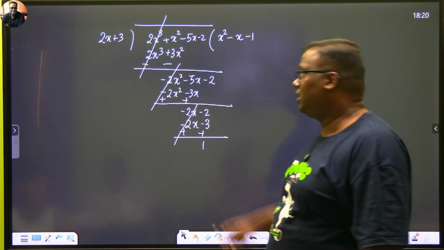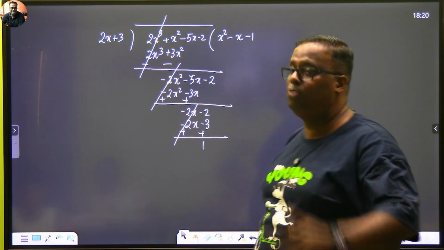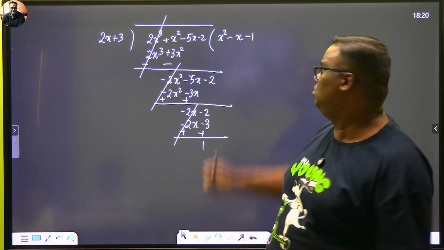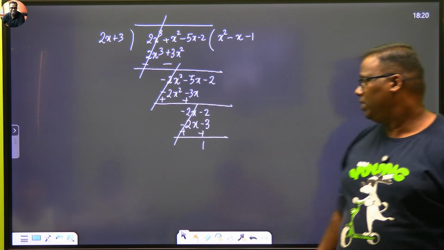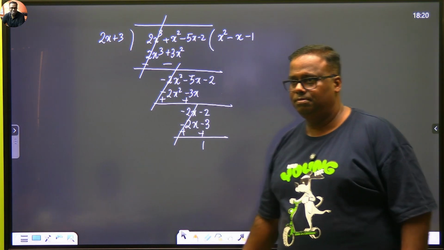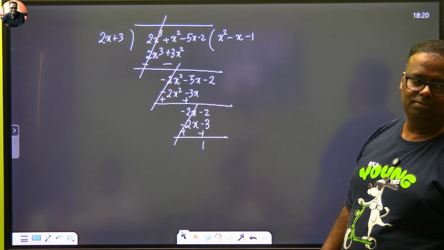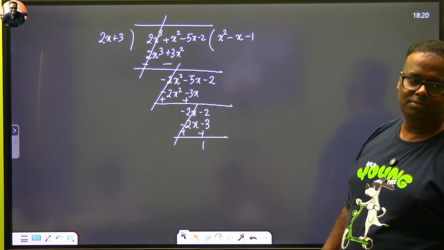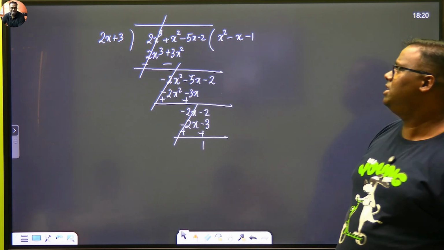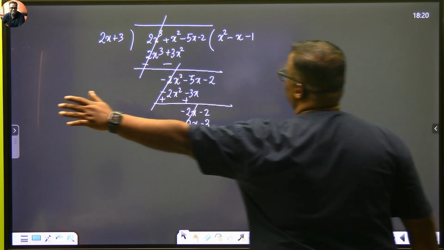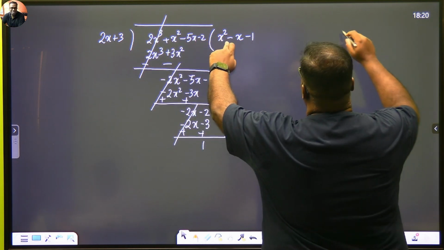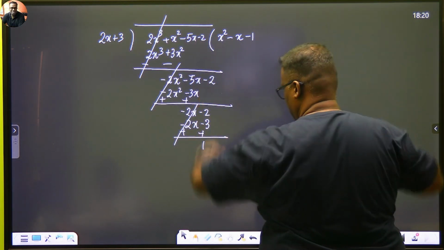Can you just check the cross purpose? This will help you solve on multiplication also. Let's do this multiplication and add 1. Let's do the multiplication straight away. 2x into x is how much? 2x cubed.